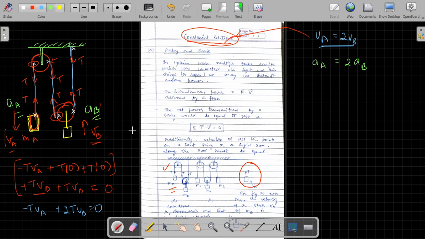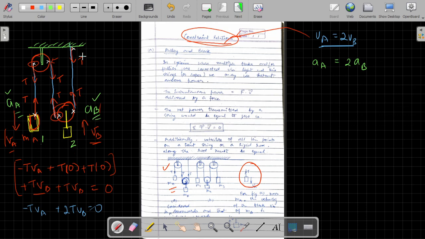For example, usually when we are solving Pulley-Block questions, we write Newton's second law equation, F equal to ma. So we get one equation for this block and a second equation for this block. We have variable number 1, that is the acceleration of A, variable number 2, that is the acceleration of point B, and we have two equations.